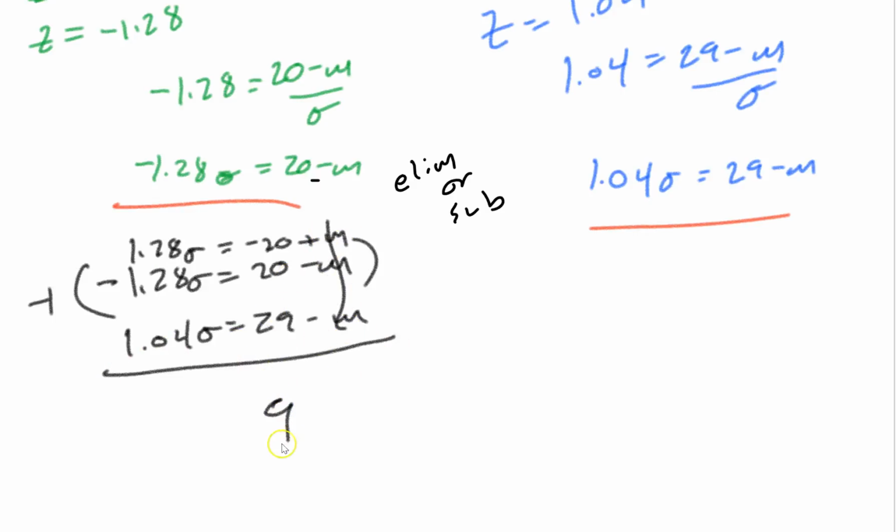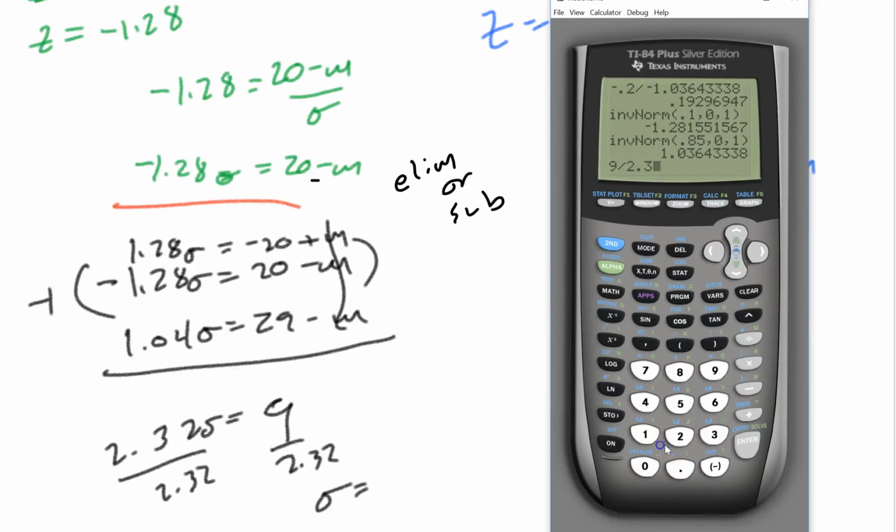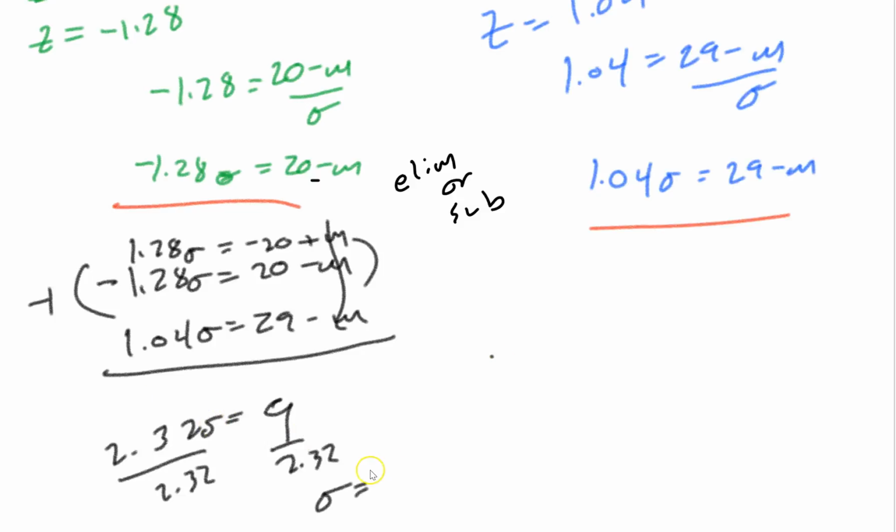I get 9 equals 2.32 sigma. Divide by 2.32. And you get the standard deviation is 9 divided by 2.32, which is 3.88.